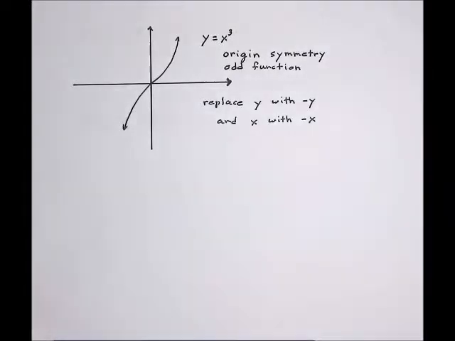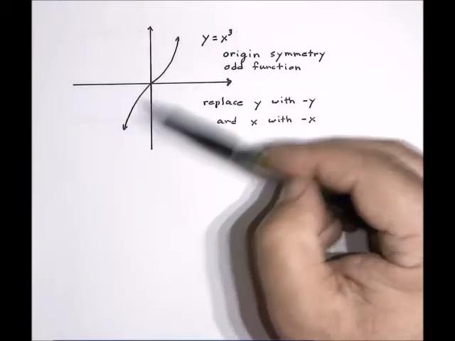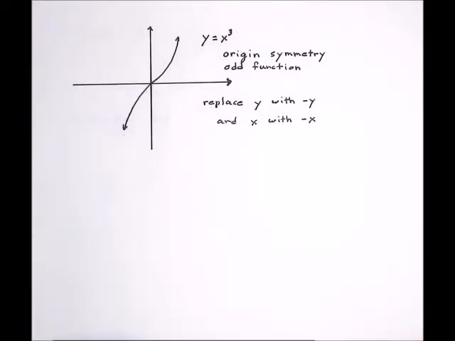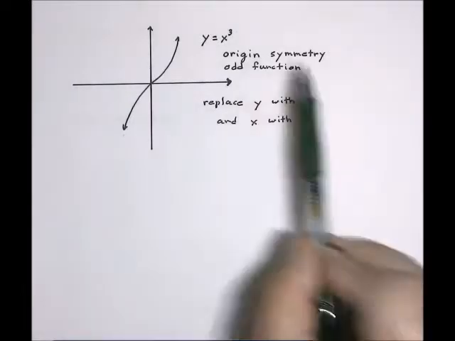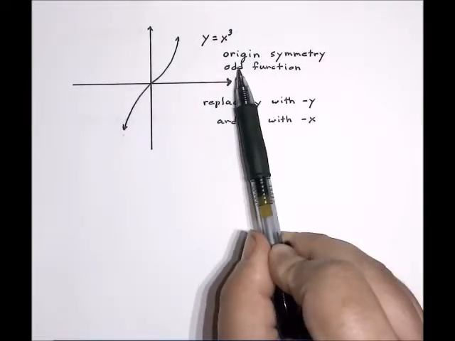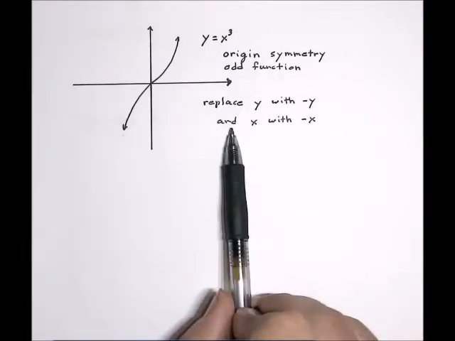And the last type of symmetry we're going to be concerned with is origin symmetry, which means our figure is symmetric around the line y equals x. So if I drew the line y equals x, the figure y equals x cubed would be symmetric around that. And again, you're going to see the words origin symmetry and odd function used interchangeably. The test for this is a little more difficult.